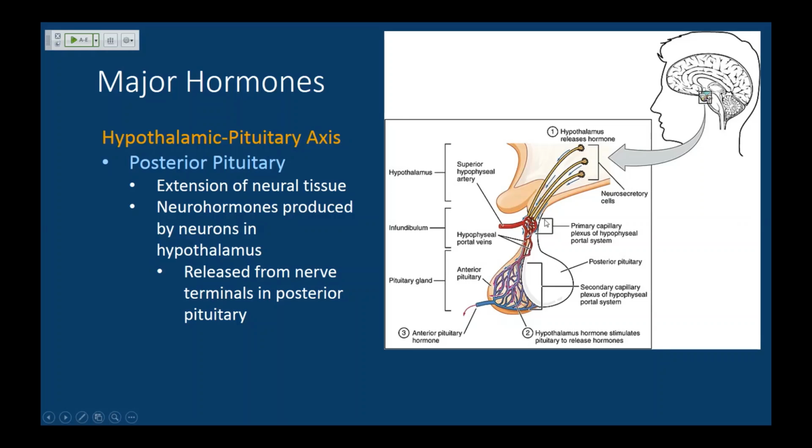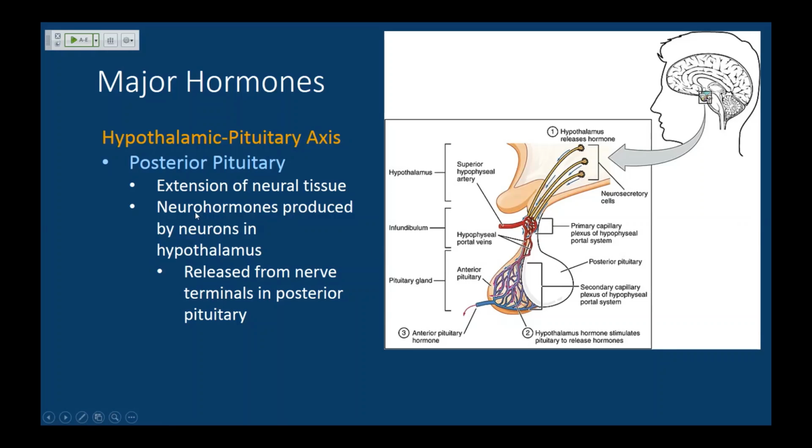The stalk going to the posterior pituitary, called the infundibulum, is actually composed of axons from the hypothalamus traveling down into the posterior pituitary. And the posterior pituitary is then simply composed of the axon terminals that come from cell bodies up in the hypothalamus. So we say it's an extension of neural tissue rather than a true gland.